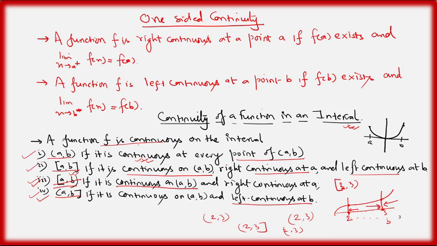At the end points, right continuous at a means the left end point, and left continuous at b, the right end point. And semi open: if it is continuous on the open interval and right continuous at a, that is right closed. And about left closed, if it is continuous on the open interval and left continuous at b, that we have already discussed, more about this continuity of a function in an interval.